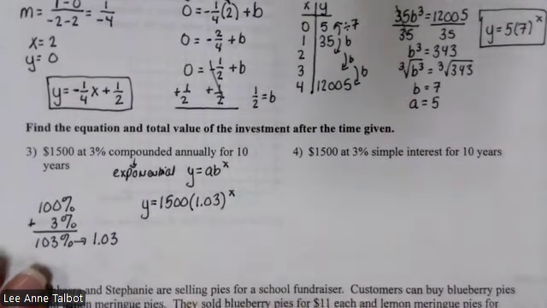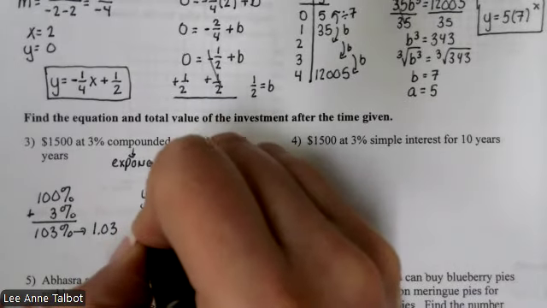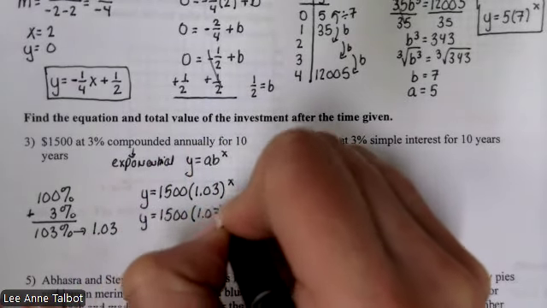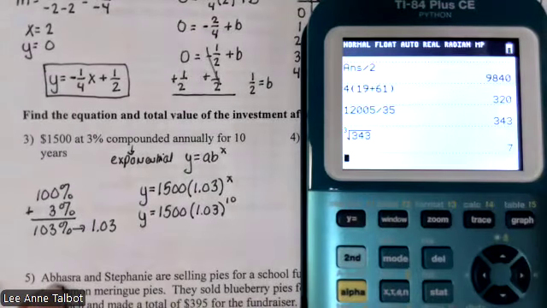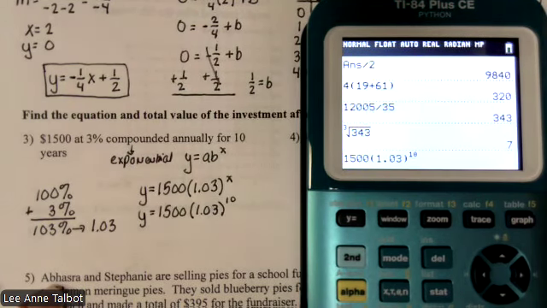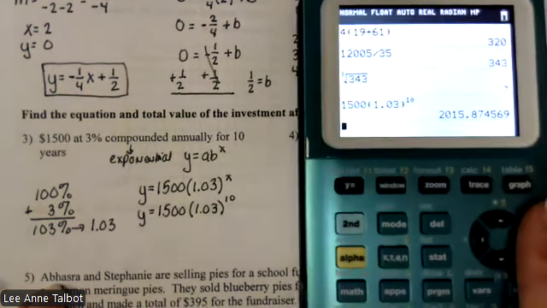Okay, and what do I do to get the amount in 10 years? Landon? Yep, plug in 10, great. And make sure that you guys know how to do this on the calculator also. 1,500 times 1.03 to the 10. Okay, now next moment of truth.